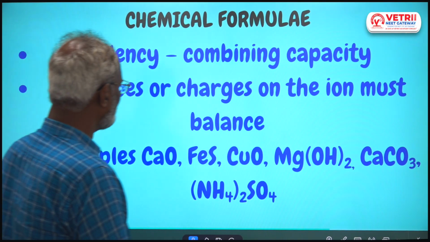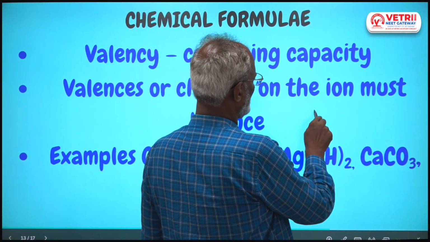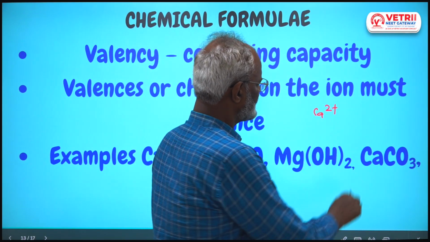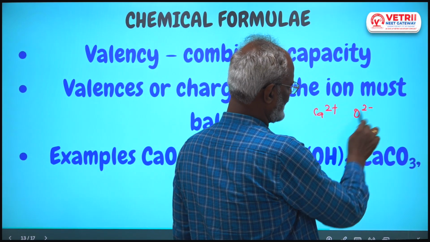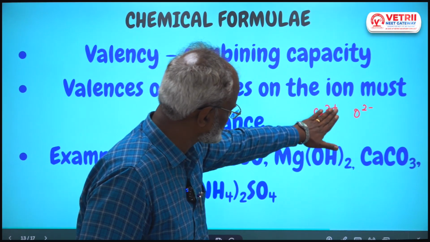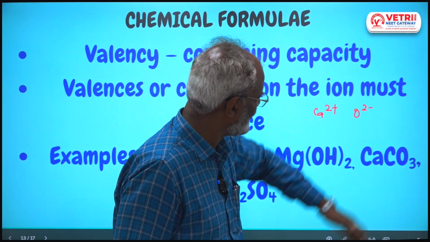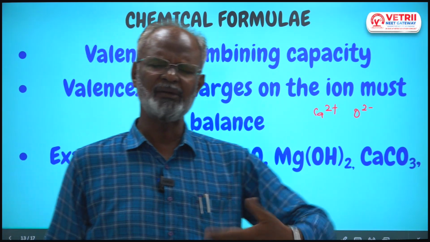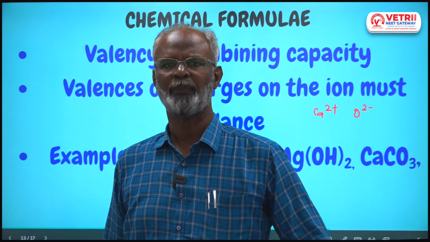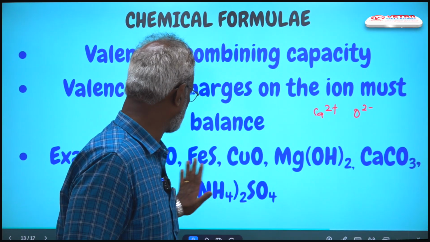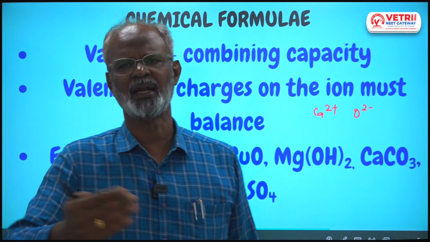If you take the example of calcium oxide, we have calcium 2+ ion and O2-. There is a plus 2 charge on calcium and a minus 2 charge on oxygen, so we get calcium oxide. Generally when we write molecules, the positive ion symbol is written first, then the negative ion second.